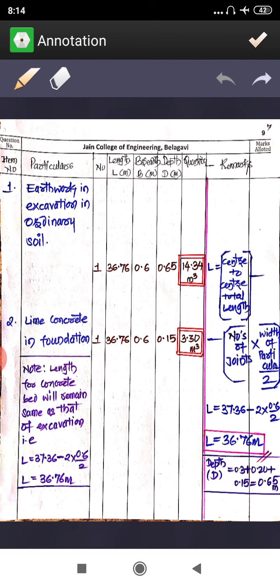So length is 1 meter, the number is 1, the length is 36.76 into width is 0.6, depth is 0.65. So you will be having total quantity of 14.34 meter cube.